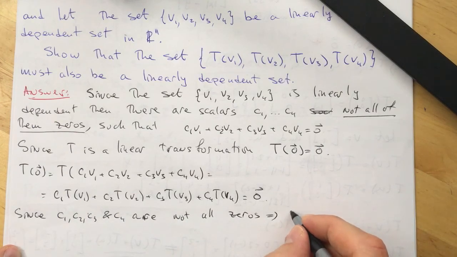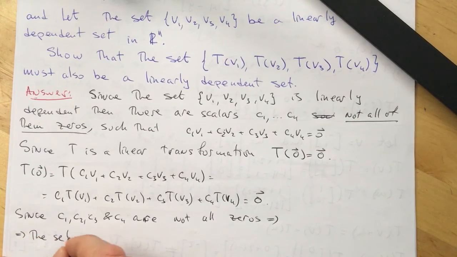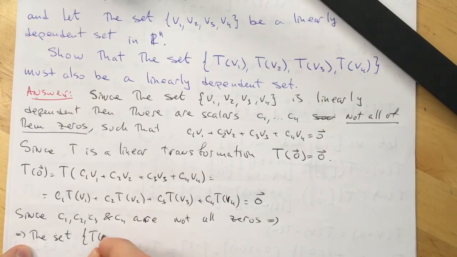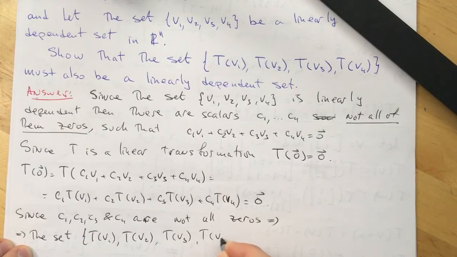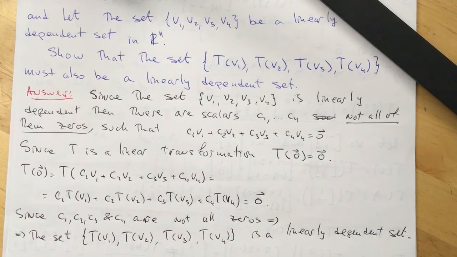That means that the set T of V1, T of V2, T of V3, T of V4 is a linearly dependent set. Or simply that these vectors are linearly dependent.